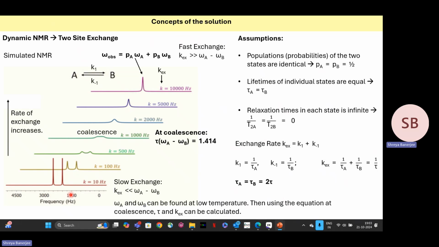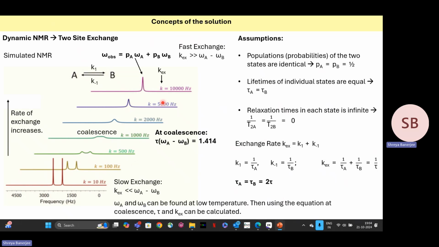Suppose the difference in frequency is around 250 hertz and the K exchange is much smaller, only 10 hertz. So you will see two distinct peaks. Now, as the temperature increases, as we go from low to high, temperature is increasing.